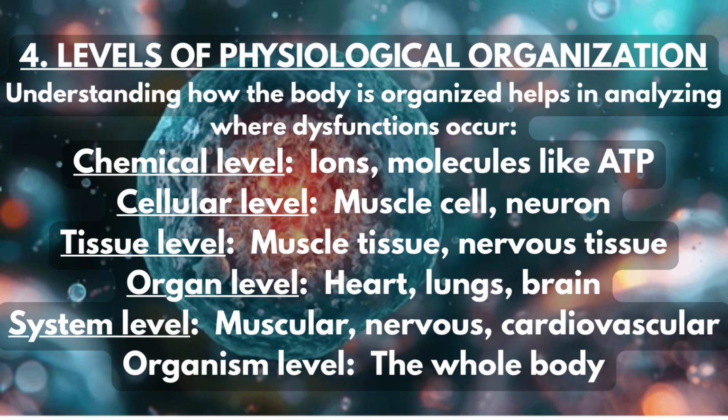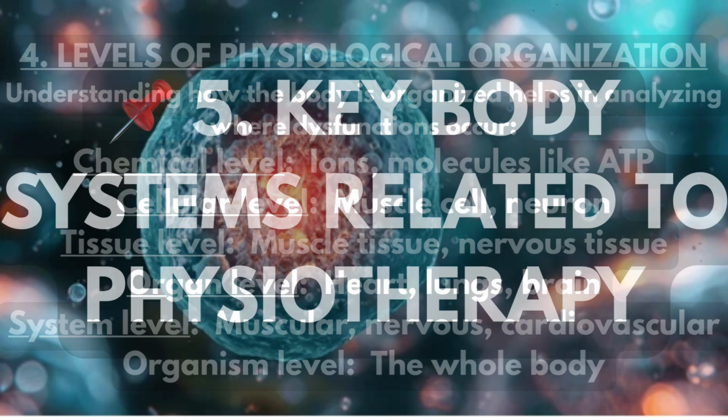Cellular level: muscle cell, neuron. Tissue level: muscle tissue, nervous tissue. Organ level: heart, lungs, brain. System level: muscular, nervous, cardiovascular. Organism level: the whole body.